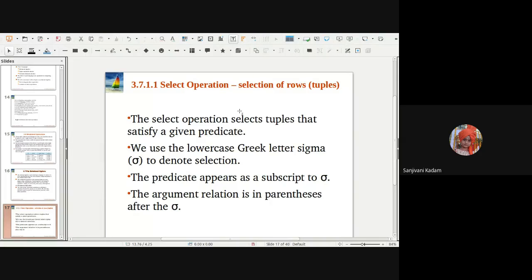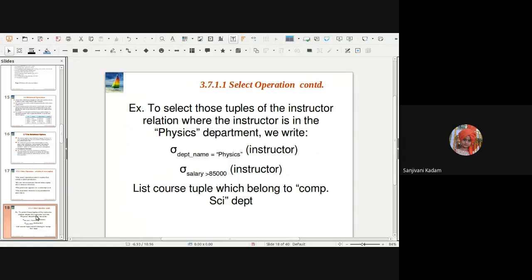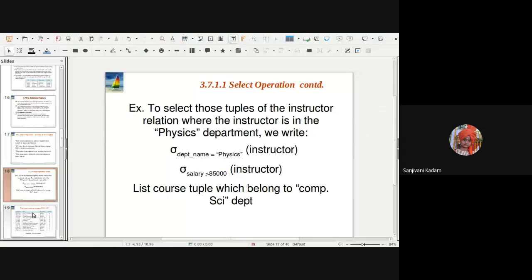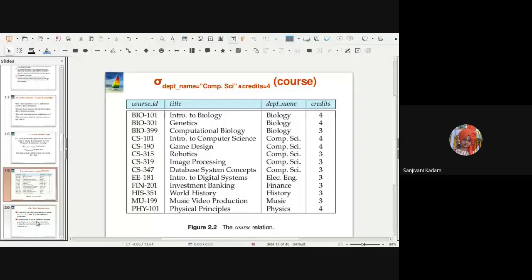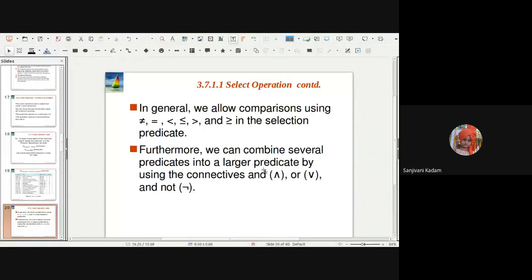And here we can combine a number of operators. We can use any of the comparison operators, equal to, not equal to, greater than, greater than or equal to, less than, less than or equal to, etc. And then we can combine multiple conditions by using connectives and, or, not. So this is how we are writing the conditions or predicate for the select operation.